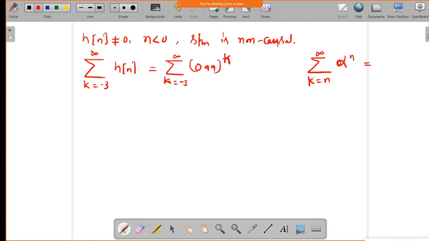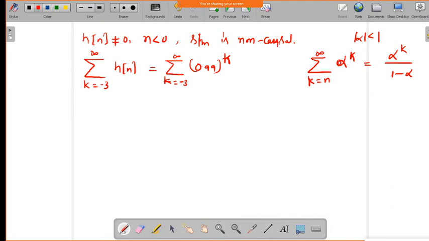and alpha is less than 1, we can express this as alpha power n divided by 1 minus alpha. Okay. In a similar form it is here.